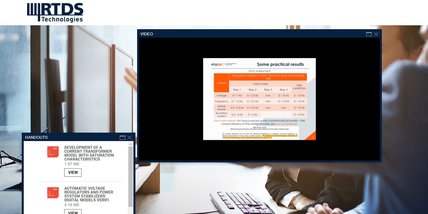And after correction, we got good models for these devices which are correct in the whole frequency range from 0 to 10 Hertz.